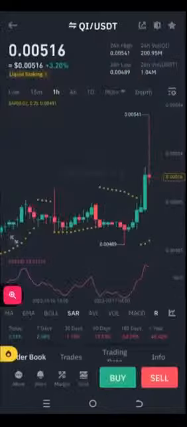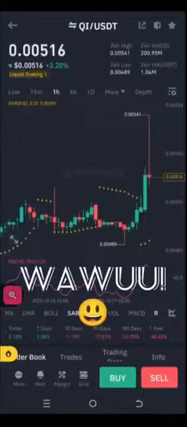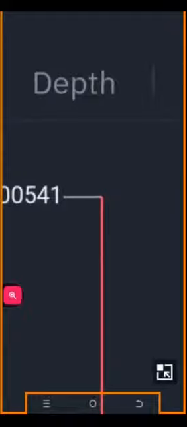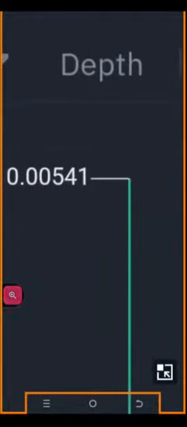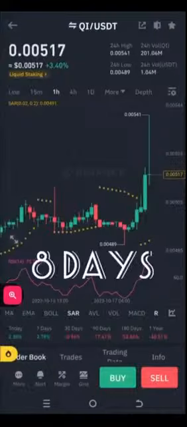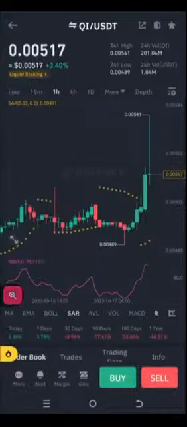Take care. Wow, can you see how QI USDT ran all the way to 0.0541? This trade, wow, I've been in it for 8 days. Oh my God. But anyways, like I told you in my previous videos, there has been a bloodbath in BTC, but BTC has recovered a little bit.